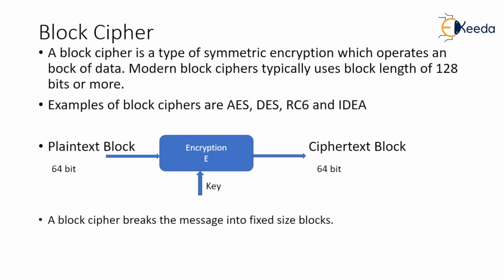So a plain text block is there, suppose it is of 64 bits. The encryption process takes place with one key, and after the encryption process, the ciphertext block gets created, which is also of the same size as the plain text block, that is 64 bits. The block cipher breaks the message into fixed size blocks, and those fixed size blocks then go for the process of encryption.